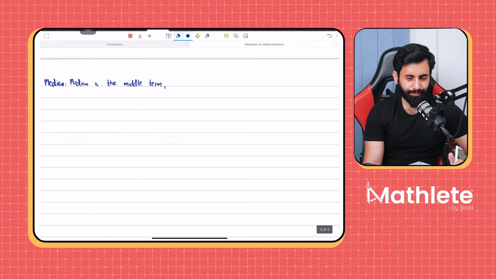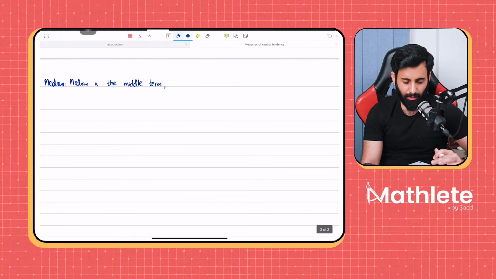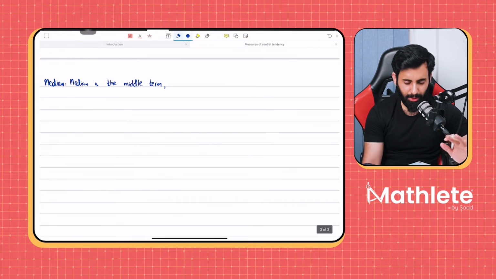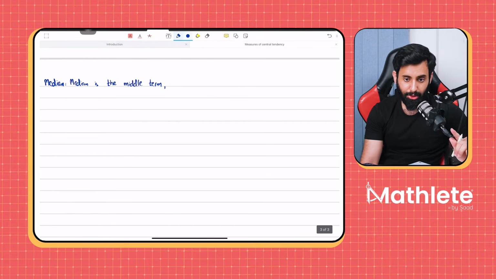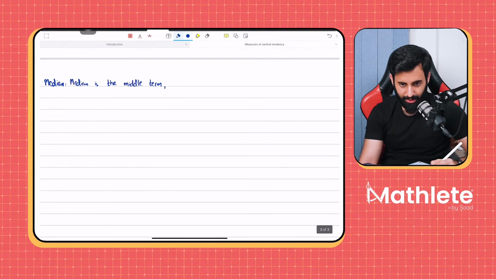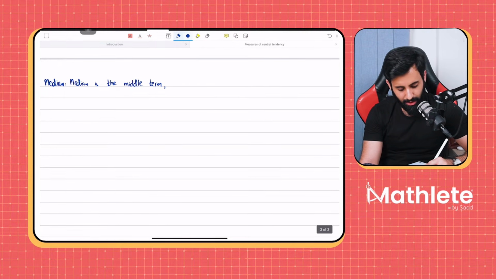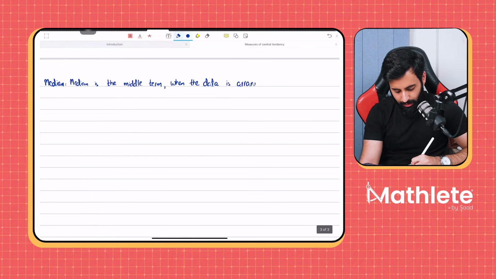Okay. I know what you're saying. We'll discuss it. Okay? We don't have that fine details in our syllabus, but I know why you're saying that. Yes, it should be grouped, yes, but it should be arranged. It should be arranged in ascending order. So median is the middle term when the data is arranged.